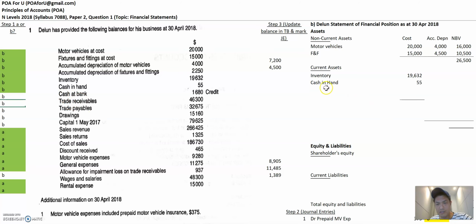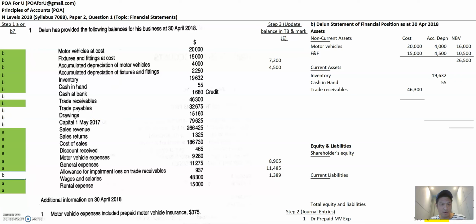Then I'll do trade receivables, right? Trade receivables, 46300. Okay. Sorry, I gotta put this here. And then what is always after trade receivables? I'm going to mark this as done. Yes, you're right. The allowance for impairment on trade receivables.